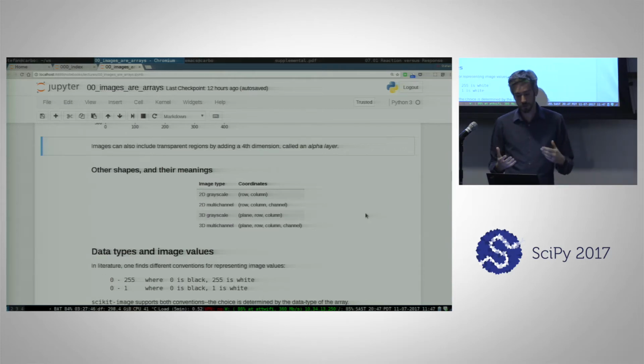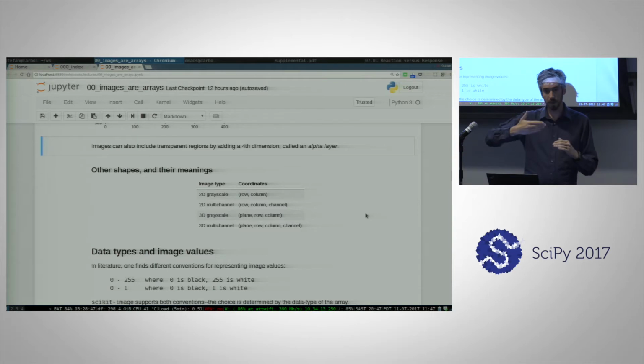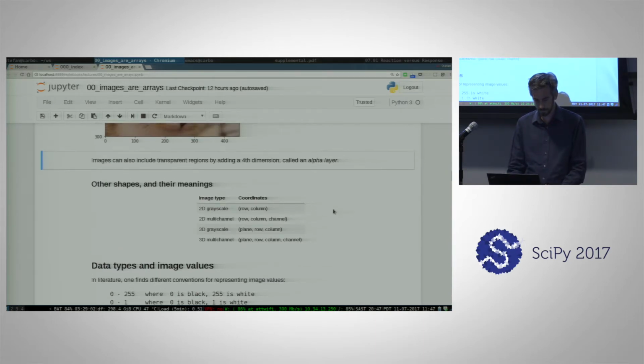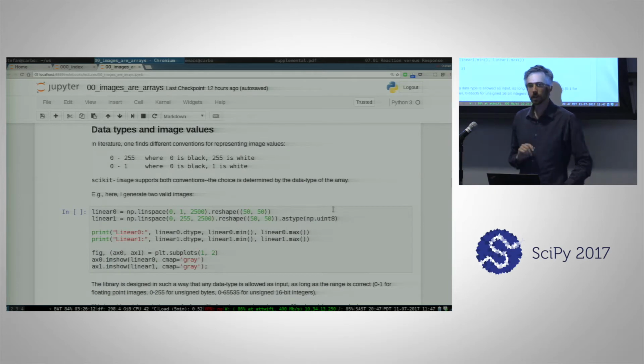Or you can have a 3D multi-channel image, which would have planes, rows, columns, and then 3 different channels like red, green, and blue. In future versions of scikit-image, we might incorporate temporal data, and then those dimensions would be added in addition, but we won't go there for now. So we've now seen that, yes, go ahead.